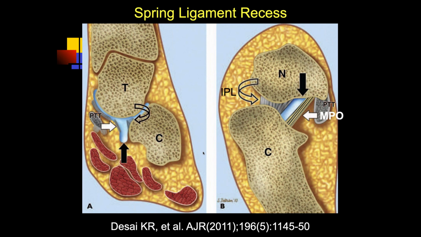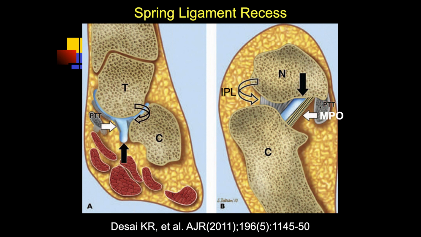Okay, so in the axial plane, we can see it very nicely here, where if we go down close to the plantar aspect of this complex, we can see the calcaneus and the navicular beak, and then this is the plantar longitudinal. Then we see a space here that's usually filled with fat or fluid, and then we can see the oblique component here going up to the tuberosity of the navicular.